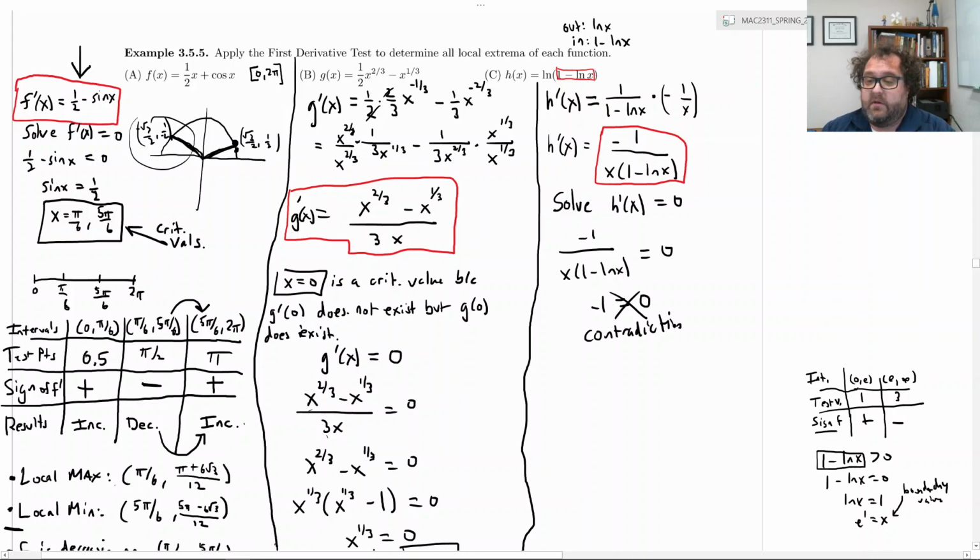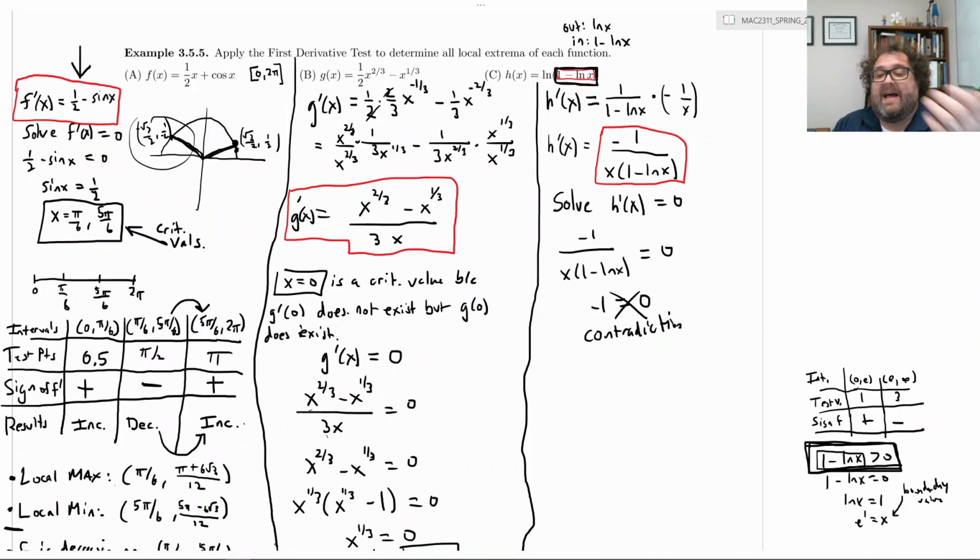So what does this tell me? This tells me that this argument right here, that statement, is only true if x is between 0 and e. Why is this important? That's important because that's the argument of this logarithm. I need that argument to also be bigger than 0, positive.